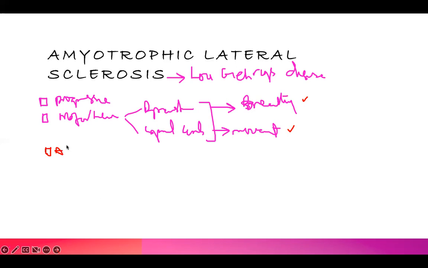All muscles are affected. No muscle is left behind. The muscles become weak because they cannot function at all. It's a sclerosis of the neurons, progressive, usually in the brainstem and the spinal cord.